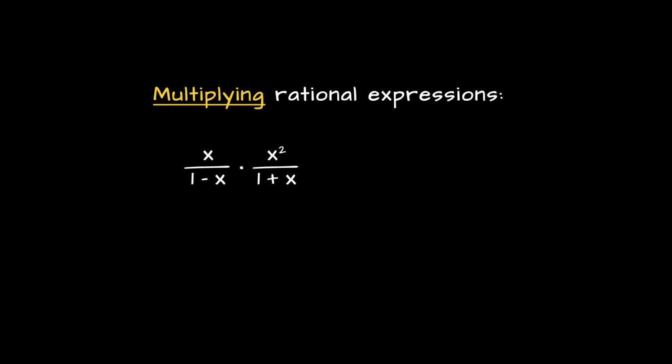Let's begin by considering a concrete example and thinking about what it should mean to multiply two rational expressions. In this case, the expression x over 1 minus x and the expression x squared over 1 plus x. And really, we just need to borrow from our existing knowledge of how to manipulate fractions here. To multiply two fractions, you just multiply the numerators and the denominators by one another, respectively.